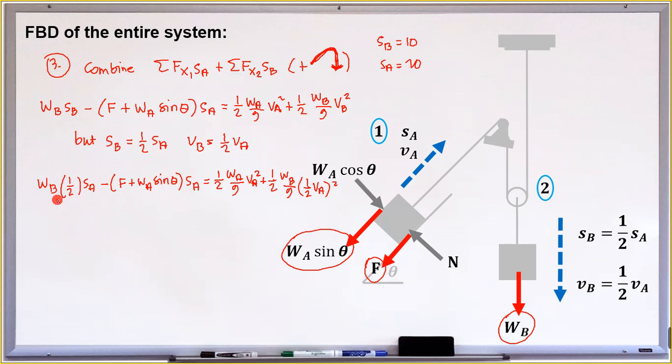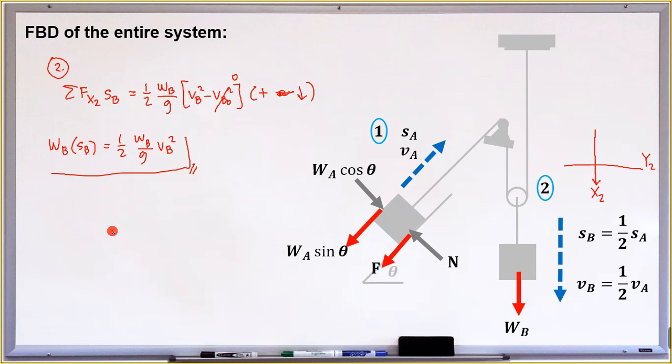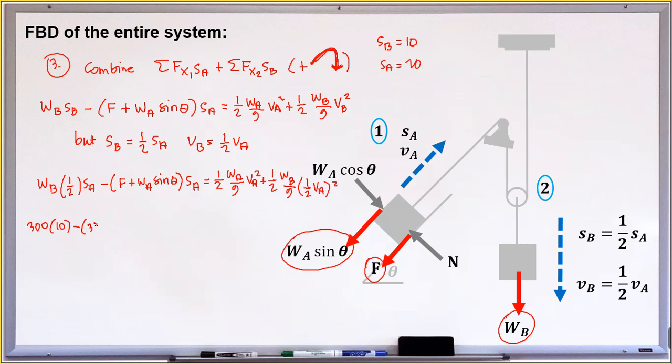So WB here is 300, times 10, which is 20 times 1/2, then minus our frictional force, 34.64, plus the weight of A, 200, times sine of 30, times SA, which is 20.